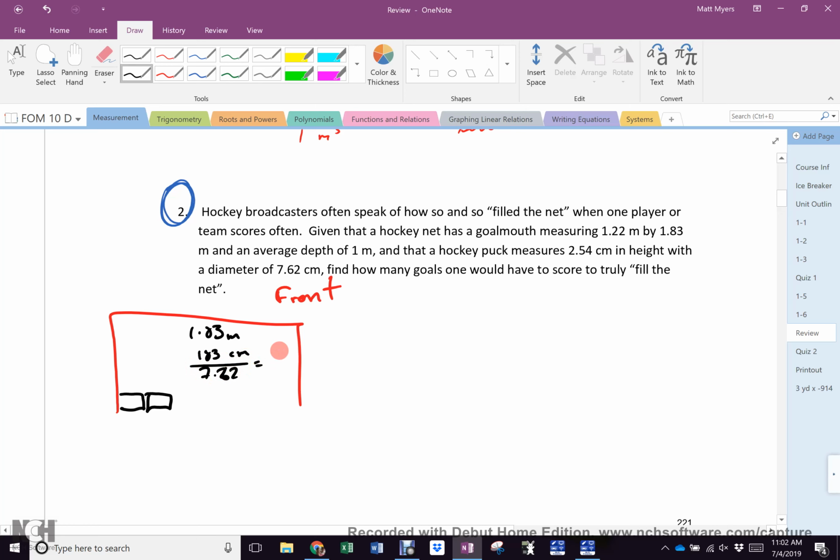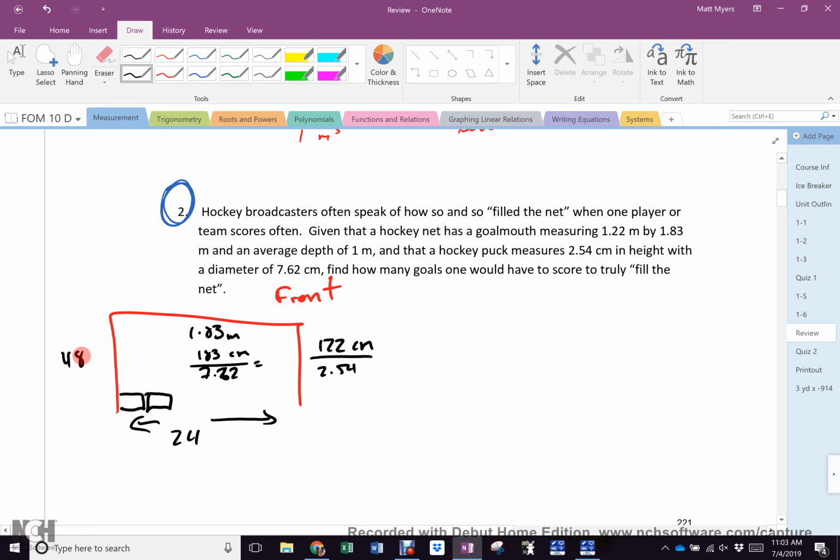And I can fit 24 pucks across here. Everybody cool? Up and down, the net is 122 centimeters divided by a puck is 2.54 tall. So I can get 48 pucks up and down.